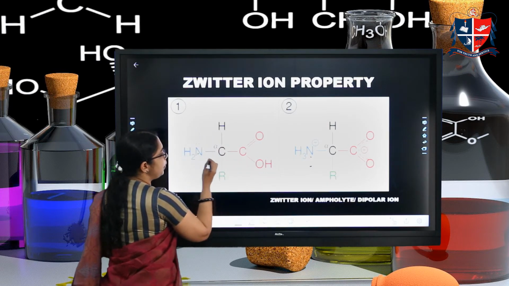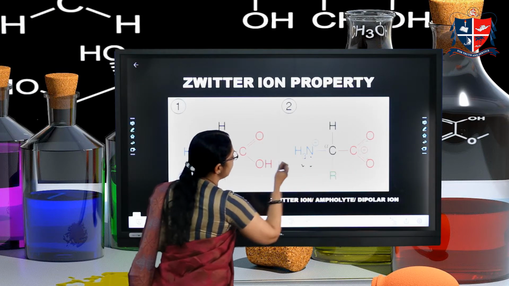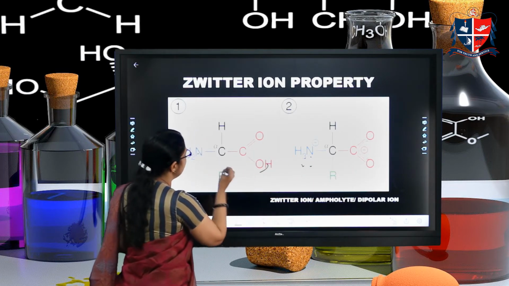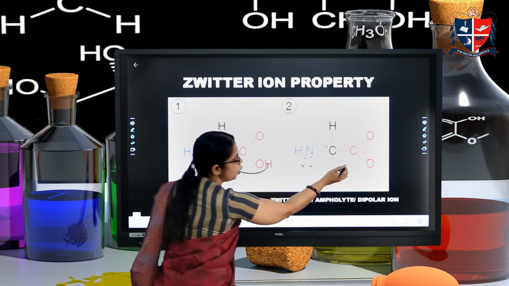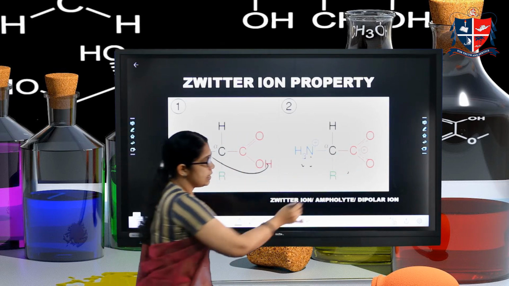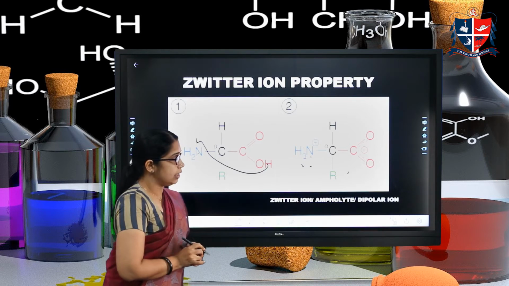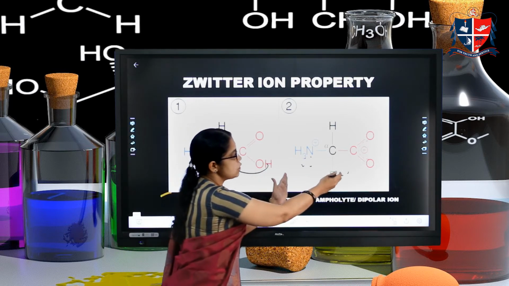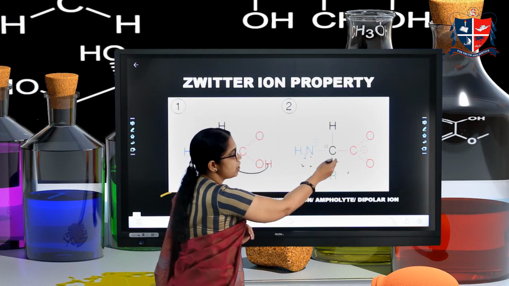This NH2 now becomes NH3 plus, and this COOH loses H and becomes CO minus, C double bond O minus, a carboxylate ion. This is a resonance form of the carboxylate ion. So this is the zwitterion, that is NH3 plus CHR CO minus.